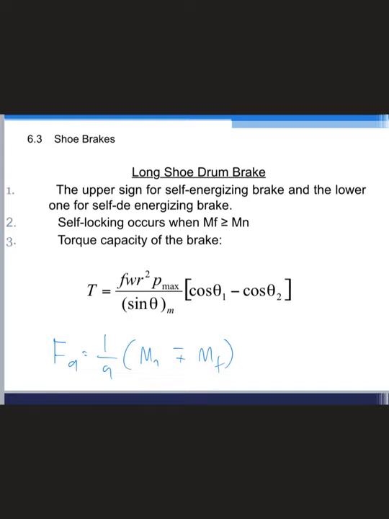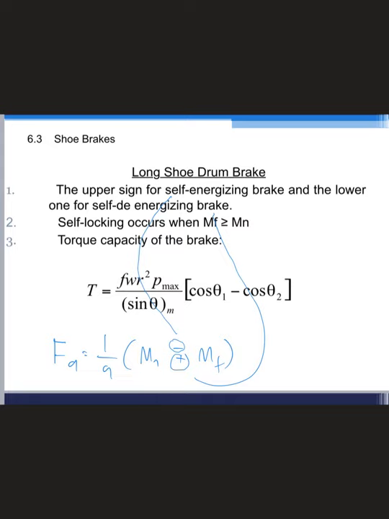Minus is for the self-energizing brake, and plus is if the long shoe drum brake is a self-de-energizing brake. Self-locking occurs when the value of Mf is more than the value of Mn.